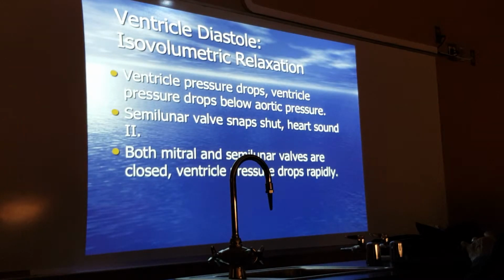And finally we're out of ventricle systole, we're now into ventricle diastole, and there are two phases to that. The first phase is when the semilunar valve snaps shut, giving rise to heart sound 2. Both valves are closed, they're all closed, so that's why we call it isovolumetric relaxation.